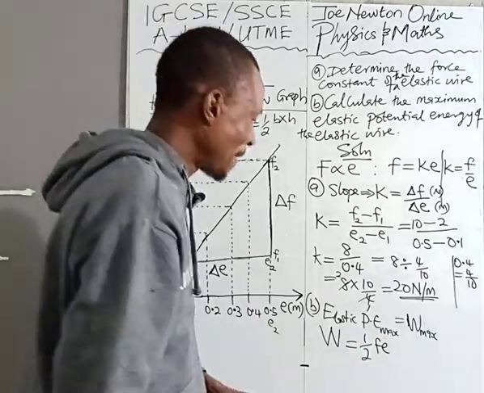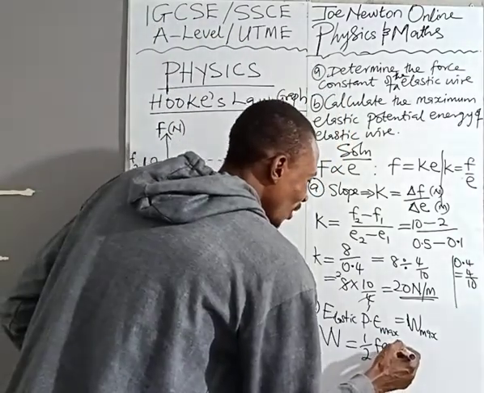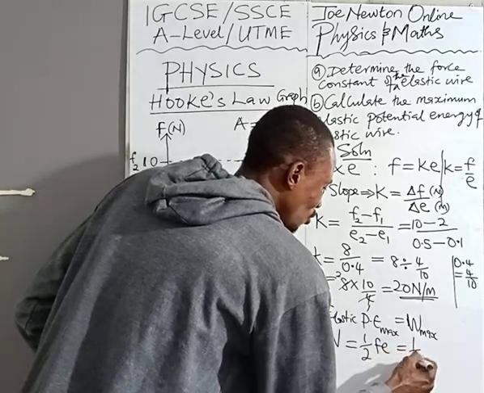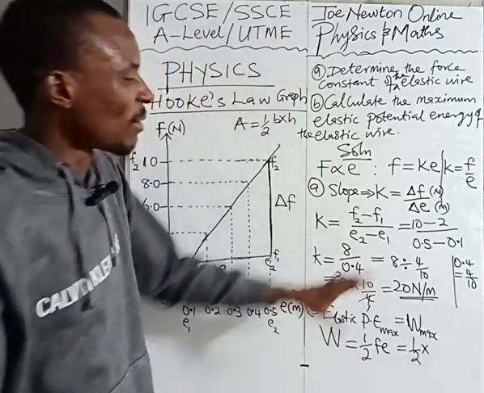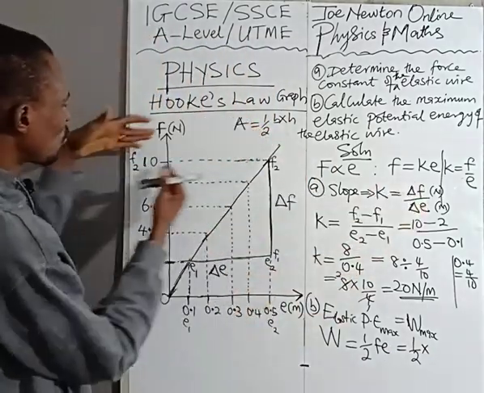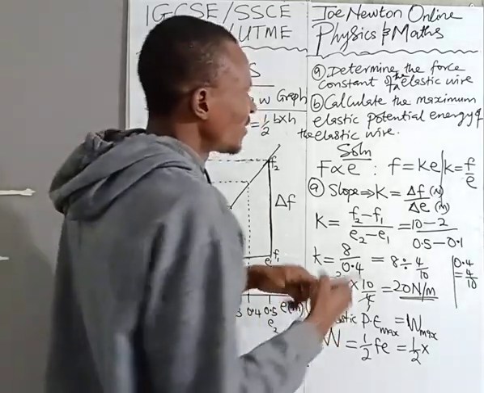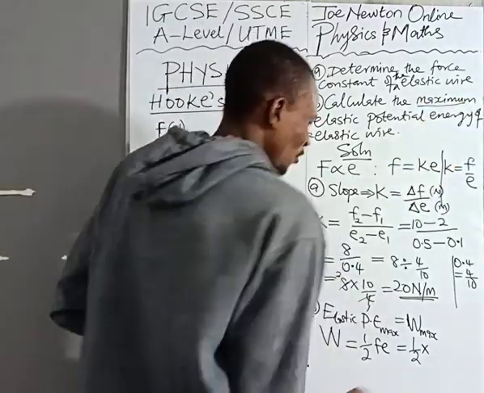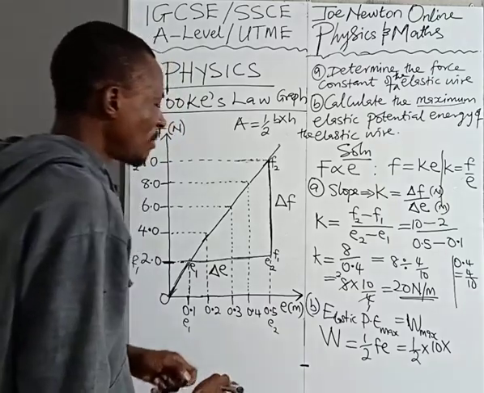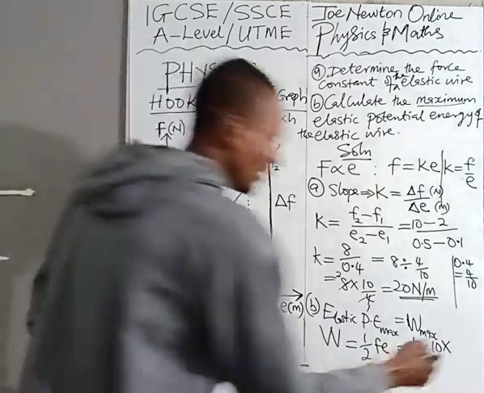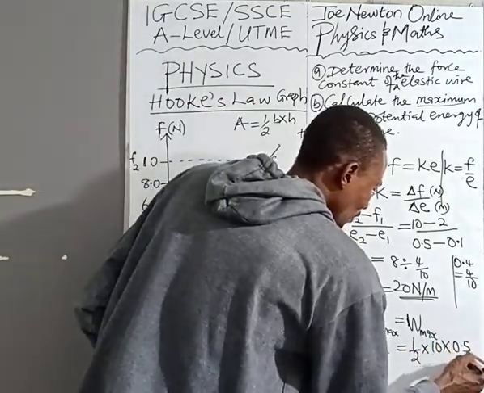The force. Okay, so we now have 1 over 2 times the maximum force from here. The maximum force is what? 10, because the question says maximum. So times 10 times the extension, maximum extension here is 0.5, times 0.5.